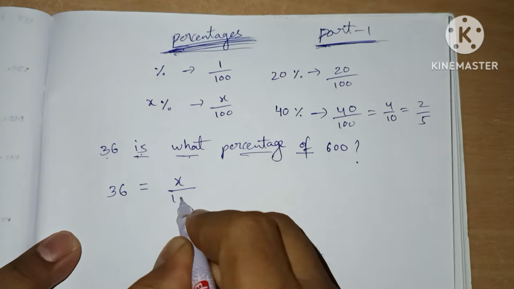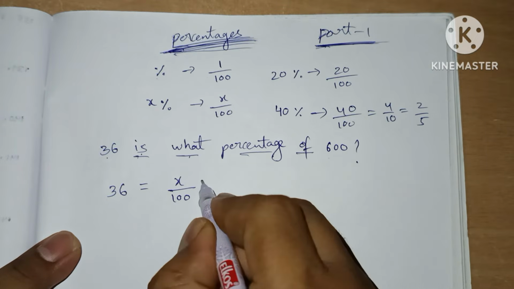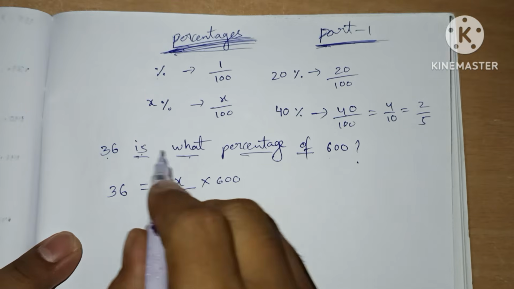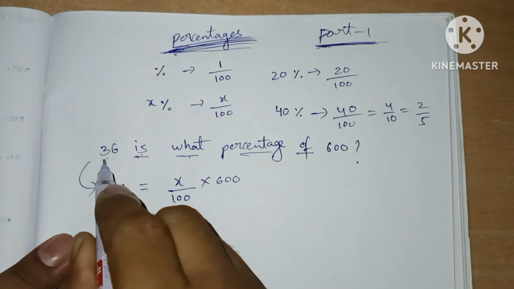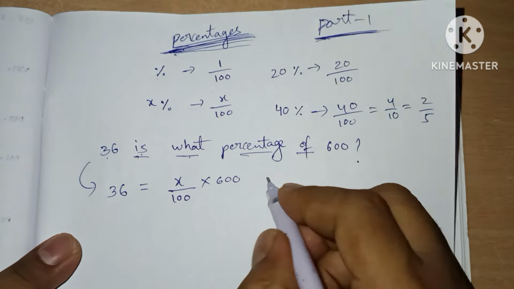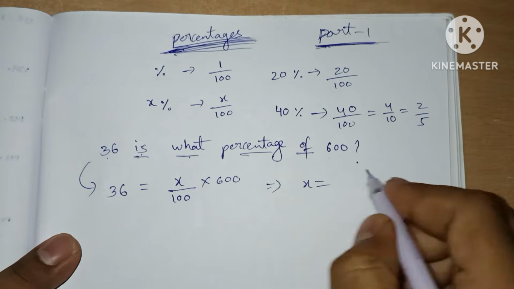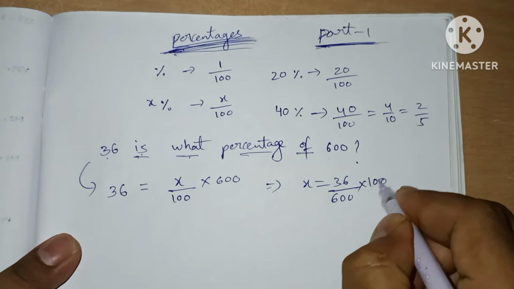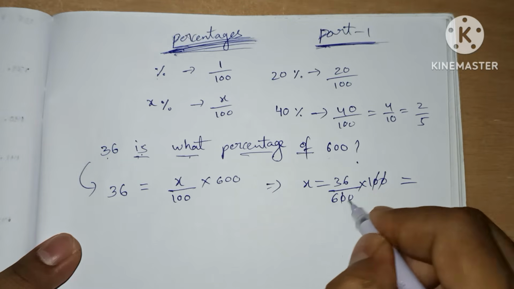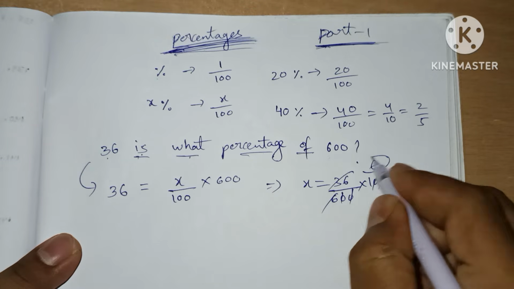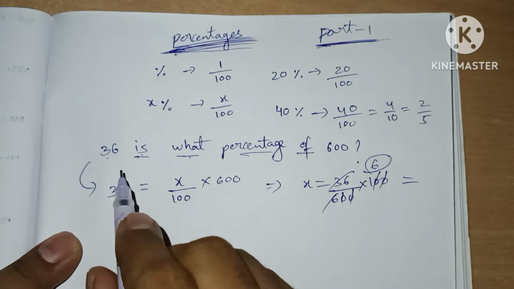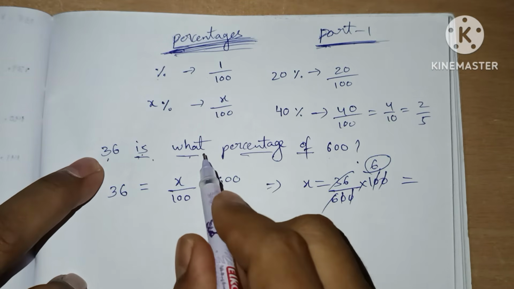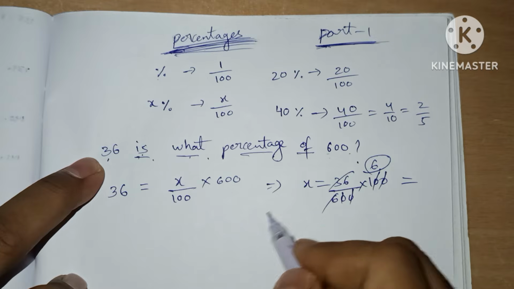Percentage means divided by 100. Of means into 600. This is the actual meaning of this question. So here x will be 36 divided by 600 into 100. So we get 6 as our answer.